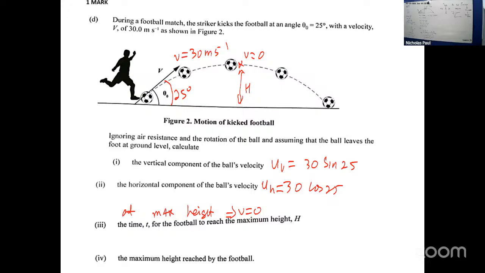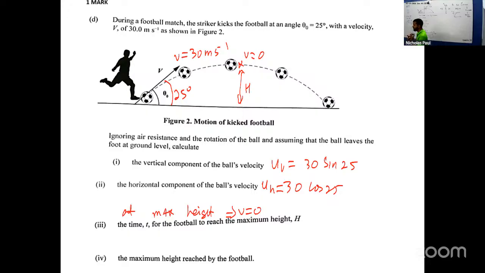All these questions are the same thing. You still have to work it out. You're okay with part 1 and 2, right? So part 3 now, they said v is 0, right? Which equation of motion are you going to use?